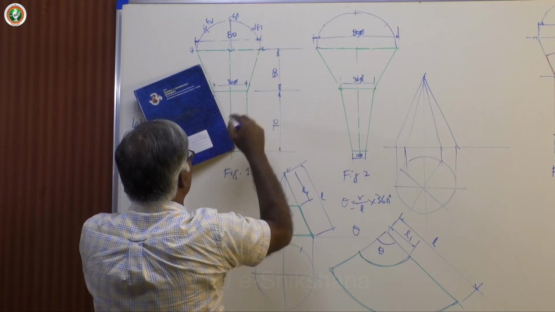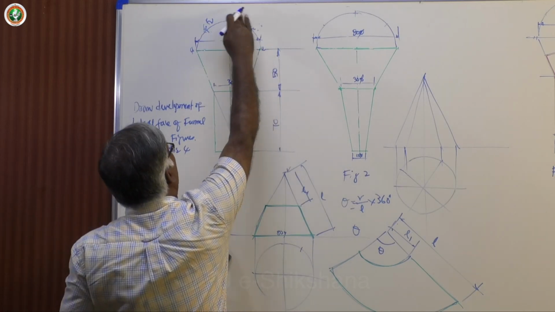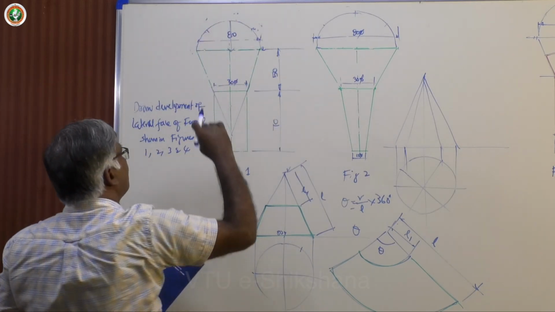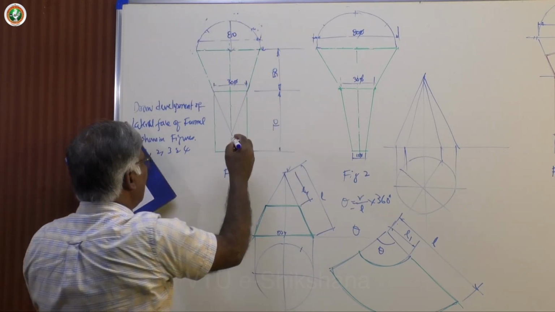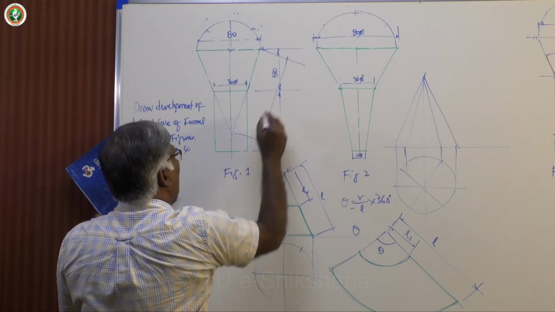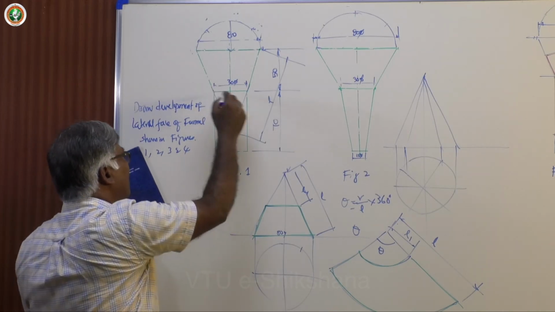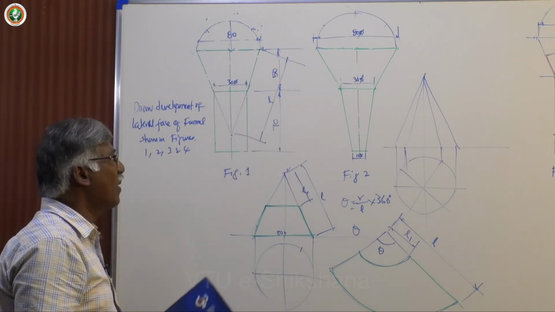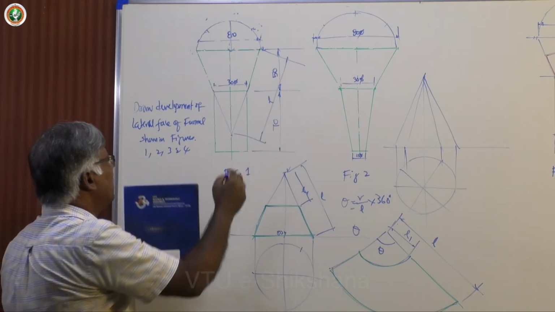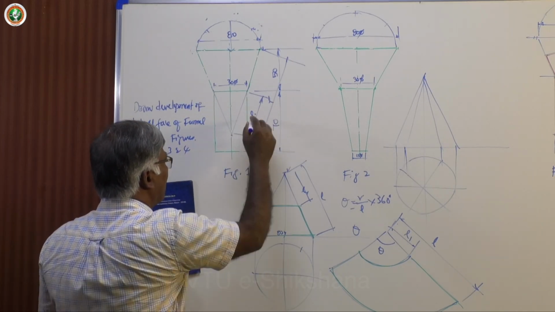Just extend this, there you have to do it. Now extend this and measure this one. See that the extended lines should coincide at a single point. Now this is L1.